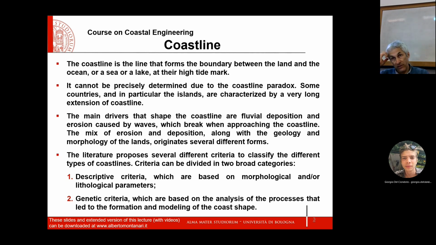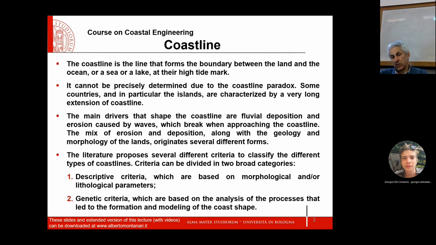Usually you have ecosystems over the beach, but usually over the beach, we will define later on what a beach is, we don't have vegetation because of the presence of the salt. And therefore, it is sensible that we locate the coastline in correspondence of the high tide mark.